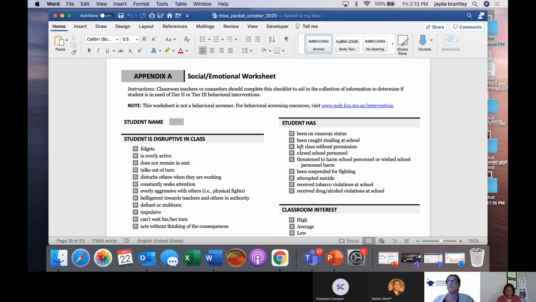Okay, so we're to the appendix now, and I don't know if you want me to go through all of these, or if there are certain pieces that you have any questions about. No, actually, you don't have to go through these, because I think for our school, we just needed to know about completing the initial paperwork.